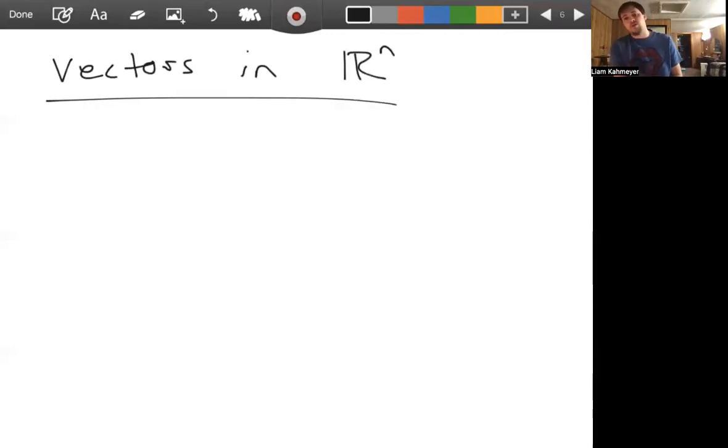Basically what we're doing here is generalizing a lot of the notions of Calc 3, right? In Calc 3, we did all this vector algebra and vector calculus in dimensions 2 and 3. We won't get so much into the vector calculus aspect here, but we'll do plenty of vector algebra from Calc 3 that's now generalized to an arbitrary dimensional space, and not just confined to dimension 2 and dimension 3.